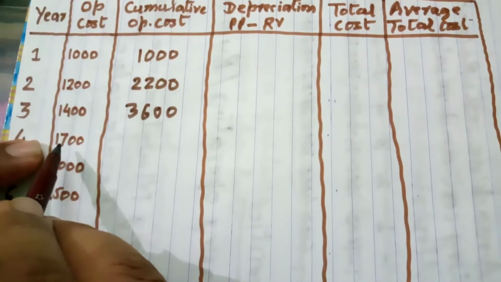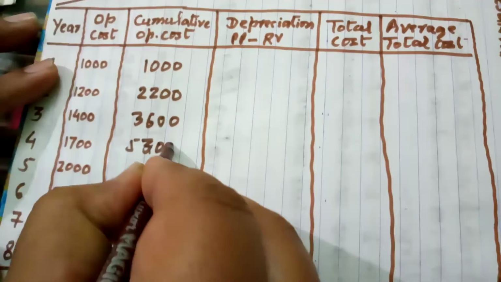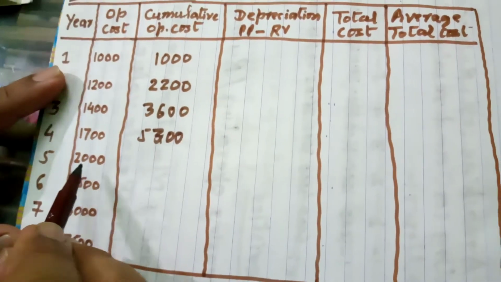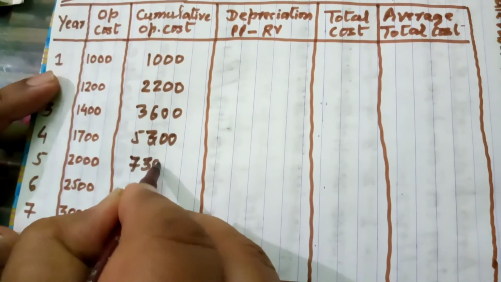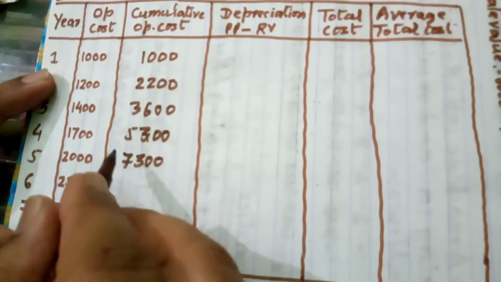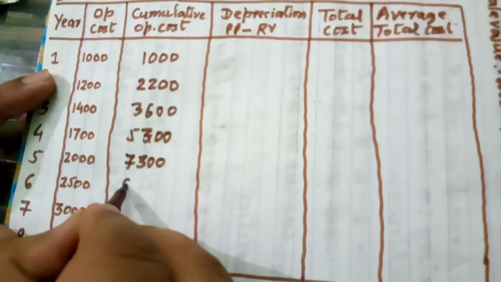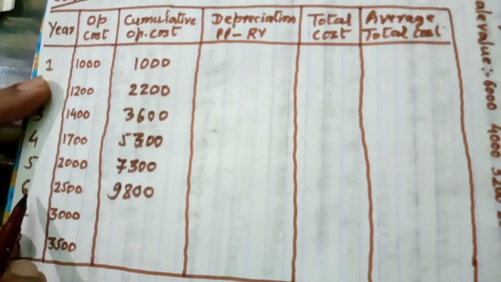Similarly, 3600 plus 1700 will give us 5300. Then 5300 plus 2000 will give us 7300. Then 7300 plus 2500 will give us 9800. So the cumulative operating cost by the end of the sixth year is 9800.